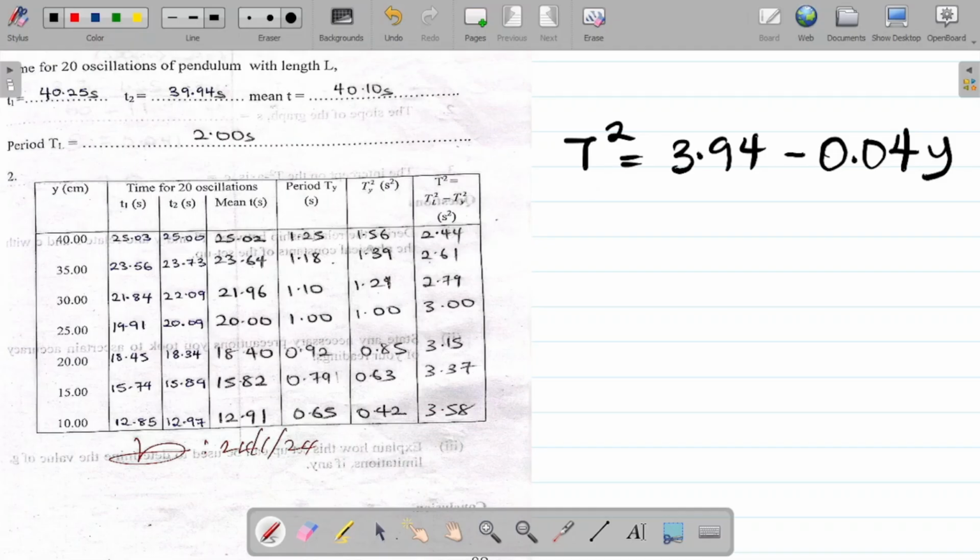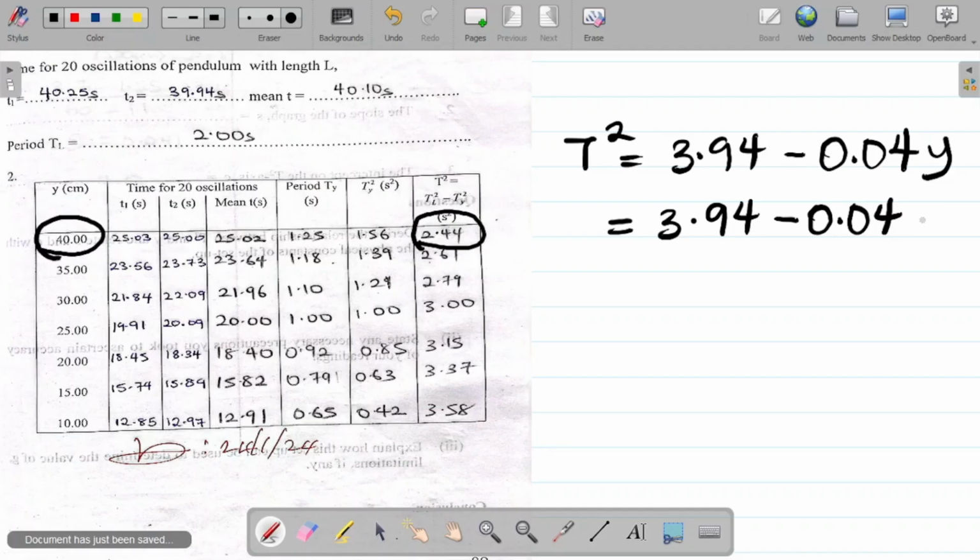Let's use the first one here, 2.44. So let's see if that's correct. I'm taking 3.94 minus 0.04 times the y value. The y value here is 40, as you can see here. So into 40. Let's see what we get.